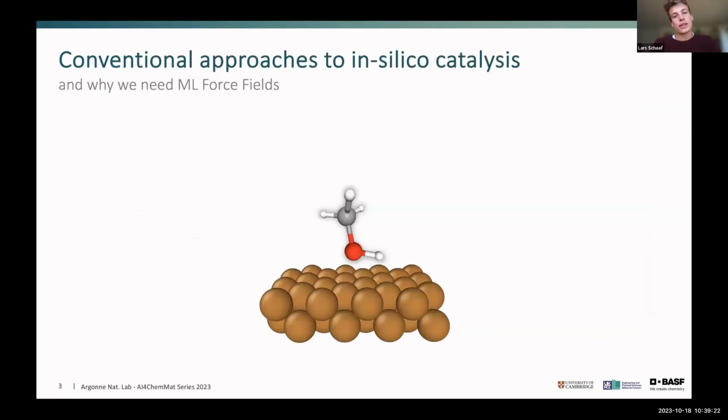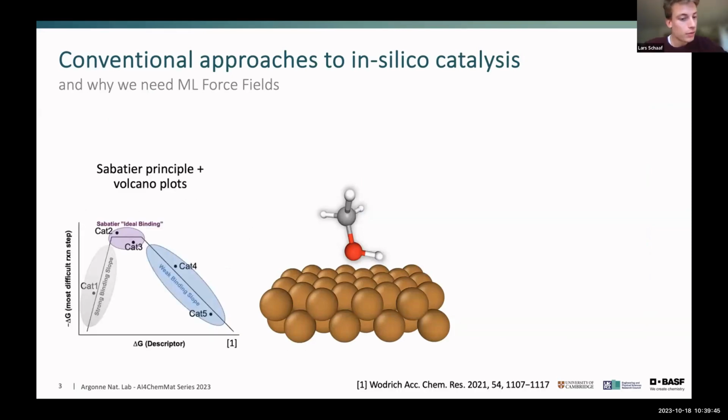So, of course, heterogeneous catalysis is a question that has been extremely interesting for the community for a long time, simply because it's so atomistic in nature. And there's been a lot of progress in helping experiment through computational tools. And I think a good place to start is this famous volcano plot.